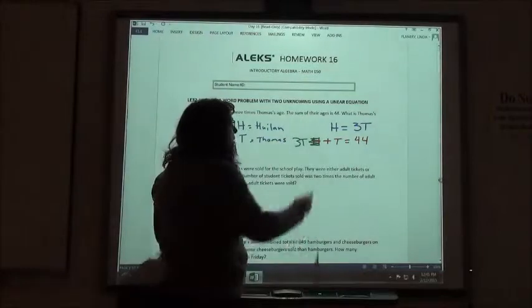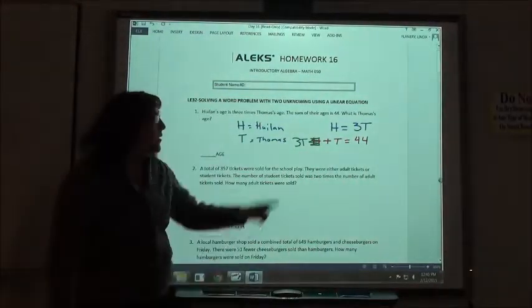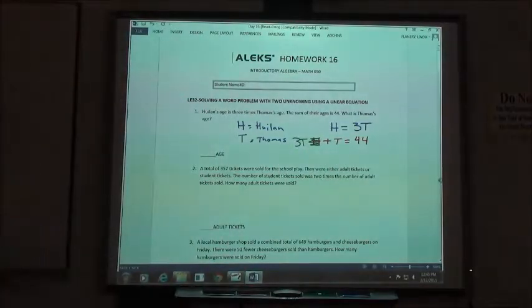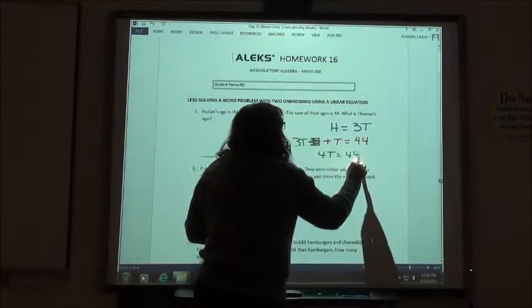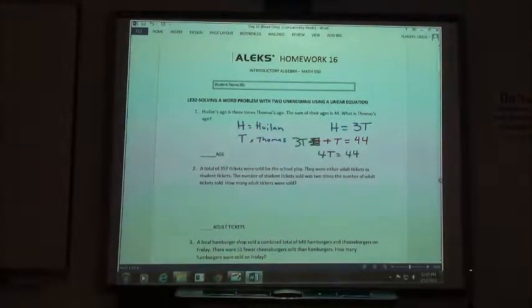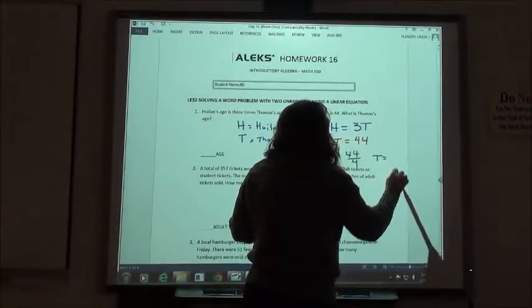So our equation says 3T plus T equals 44. 3T plus T are like terms, so that's 4T. So 4T equals 44. We know how to solve that equation: divide. If we divide by 4, T is equal to 11.